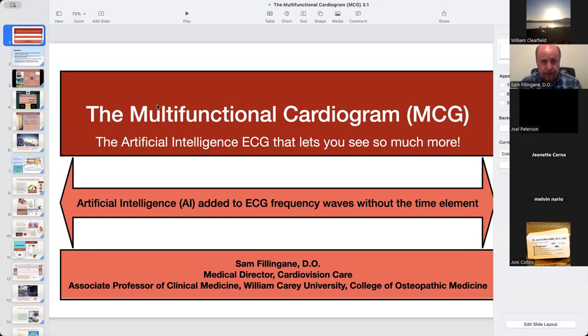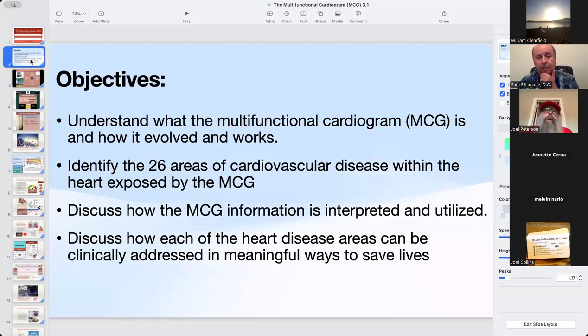This device, well, before I get into that, let's talk about objectives. I want you, before tonight's over, to understand what this device is and how it works. I want you to see 26 areas of the heart that you've never been able to see historically, especially not with an EKG. I heard calcium scoring discussed just a minute ago.